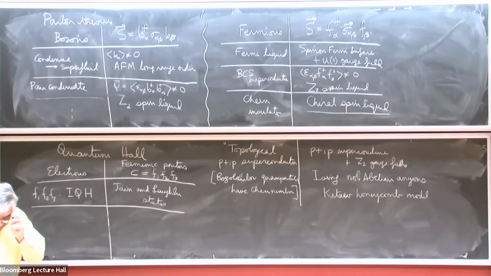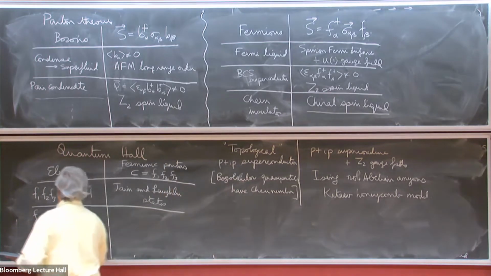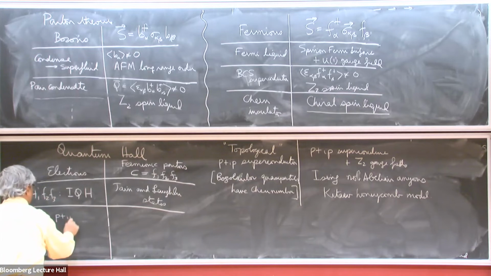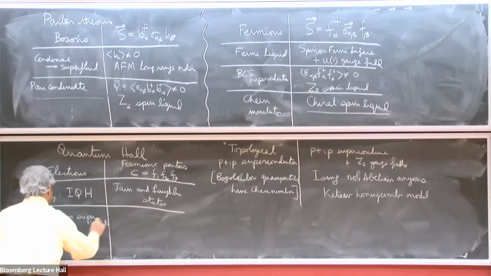Then you can do other things. You can take the first fermion, F1, and have it form a p plus ip superconductor. This can happen at certain filling fraction if the net field on F1 is 0.